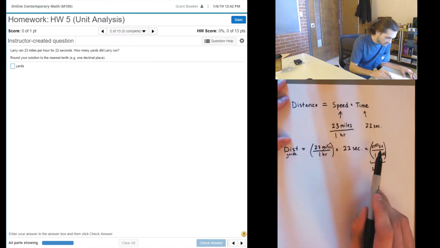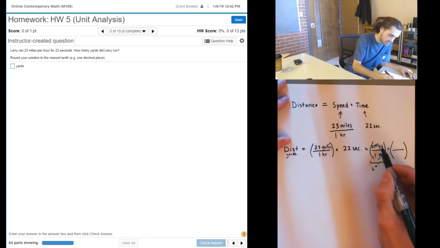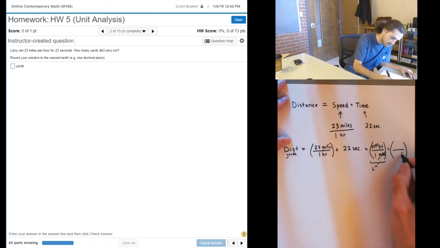Now keep in mind I don't want feet out of my equation. What I do want is yards. So I'll do a similar approach, multiplying by some fraction. Feet is upstairs. I want feet to go away, so I need to introduce feet downstairs. So this foot undoes this foot. What I do want out of my equation is yards, so I can introduce yards. And I do know the relationship between feet and yards.